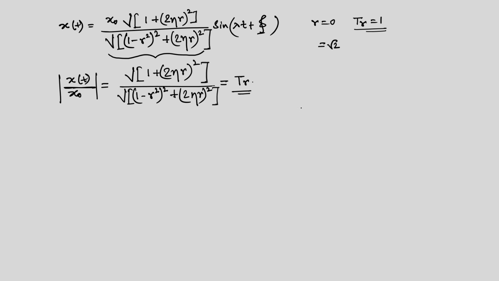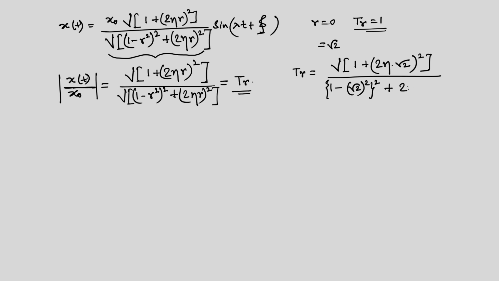Now, let us also investigate if r is equal to square root of 2, then what happens to Tr. So, Tr will be square root of 1 plus (2 eta times square root of 2) whole square, divided by (1 minus square root of 2 whole square) whole square plus (2 eta square root of 2) whole square, and then the complete thing will be under square root.